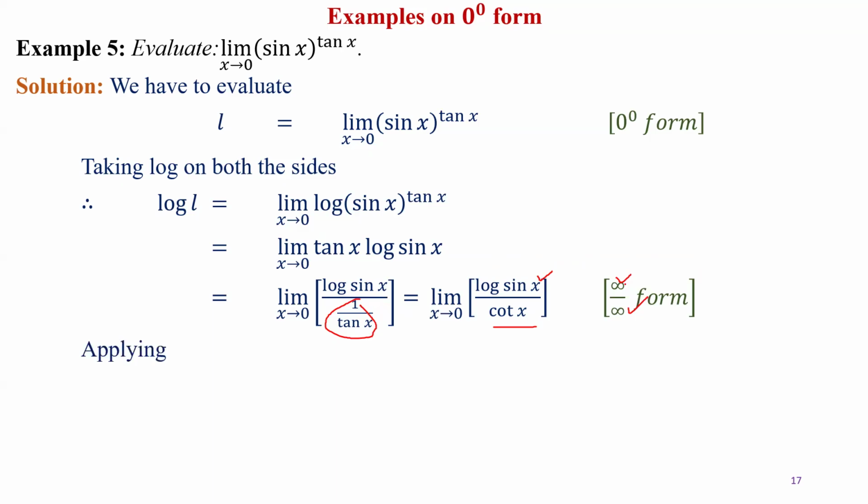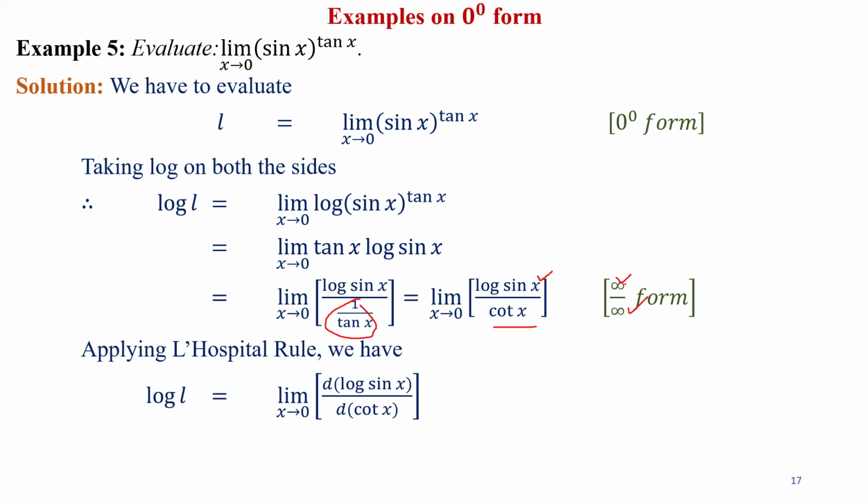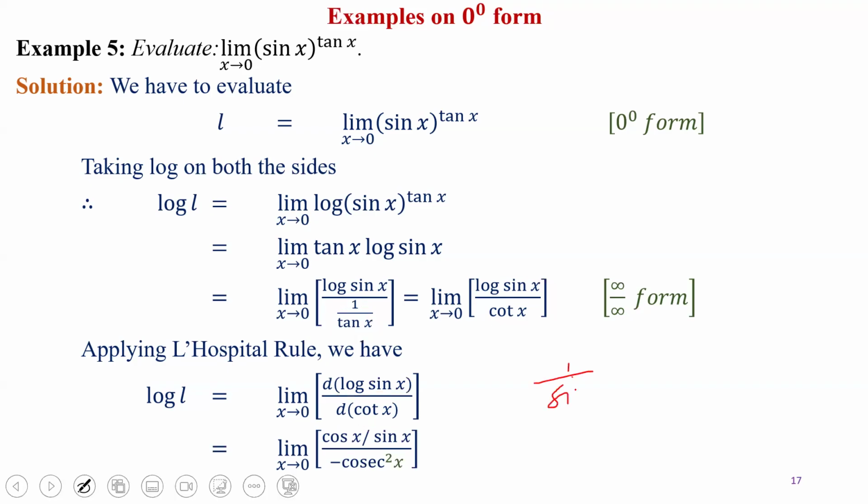Now, we can apply the L'Hospital rule. Log L is equal to the limit when x tends to 0 of the derivative of the numerator as well as the derivative of the denominator. Derivative of log x is 1 upon x, but in place of x it is sin x. So we can write the derivative of this part as 1 upon sin x, and the derivative of sin x is cos x.